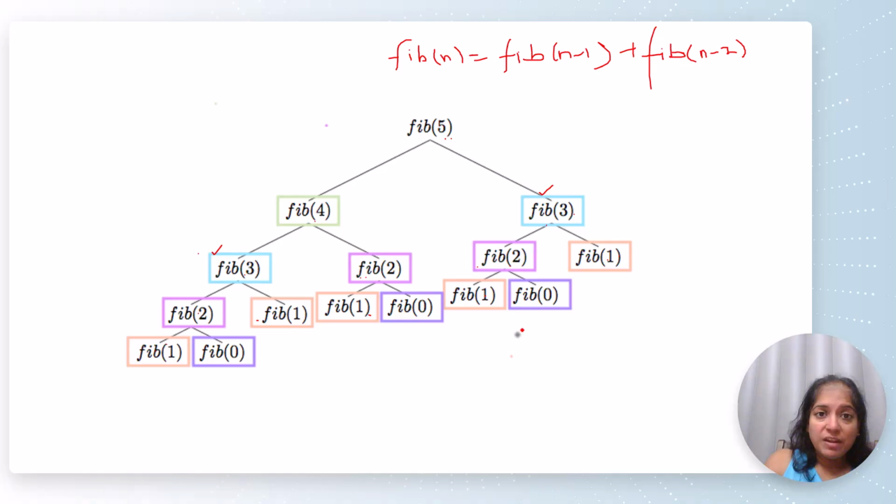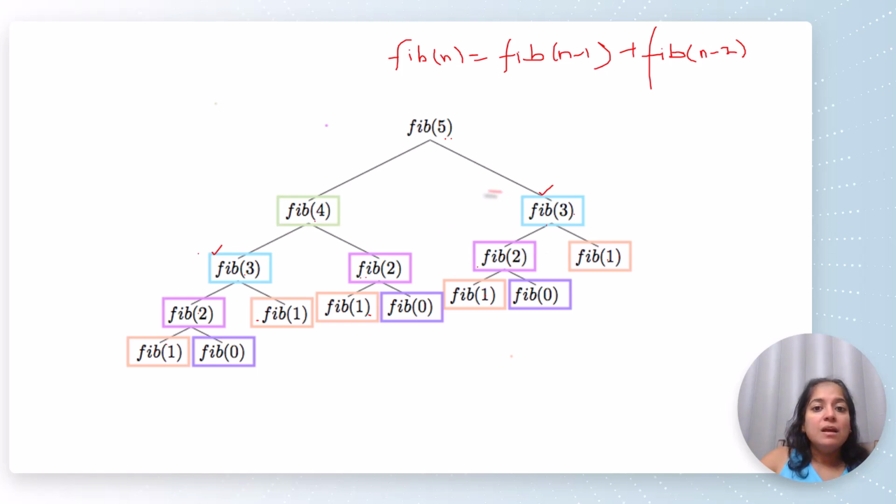What is the other way? Using dynamic programming, or using memoization. If we are calculating the Fibonacci for a number, store that in an array so that if we need it again, we retrieve the value from the array instead of calculating it again.